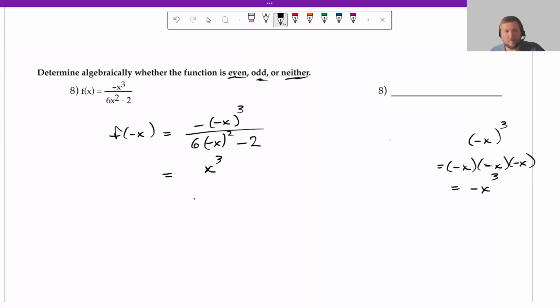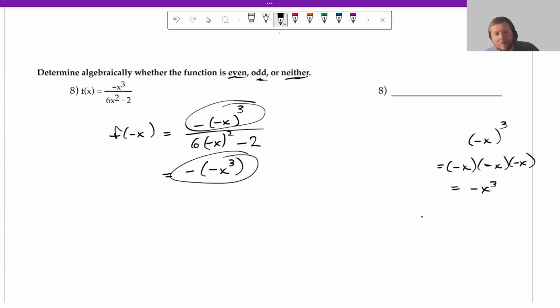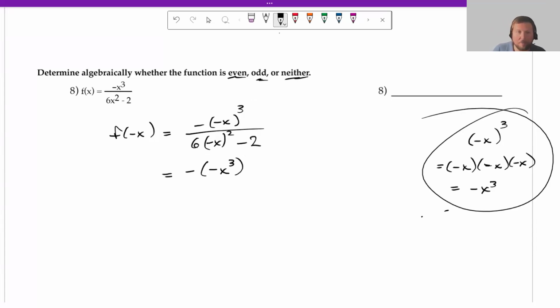Let me baby step through that just a little bit more for you. So this is going to be negative x cubed. This is not the same as this. Notice where the cube is. Okay, so this is just side work if it's still bothering you.